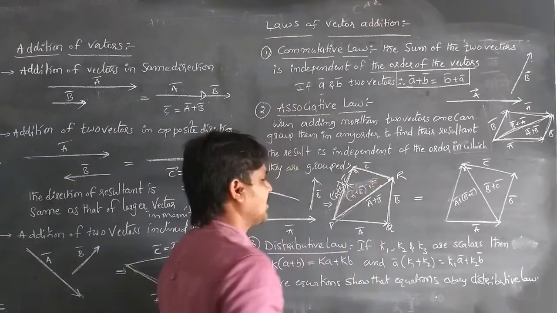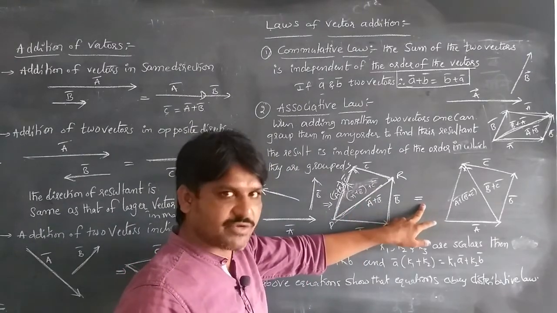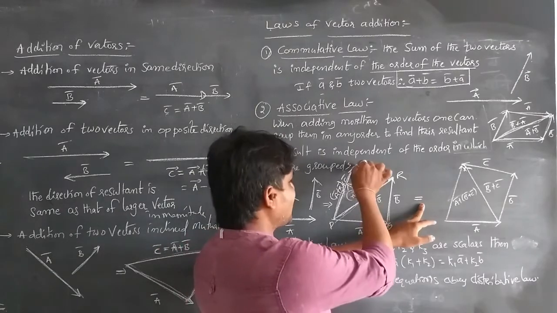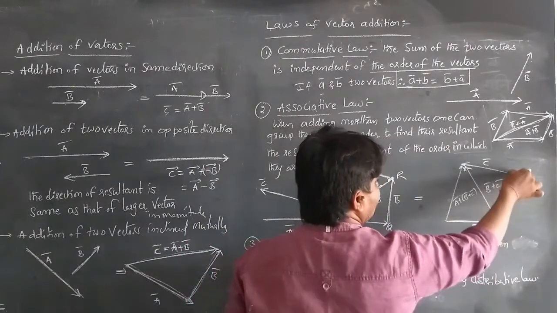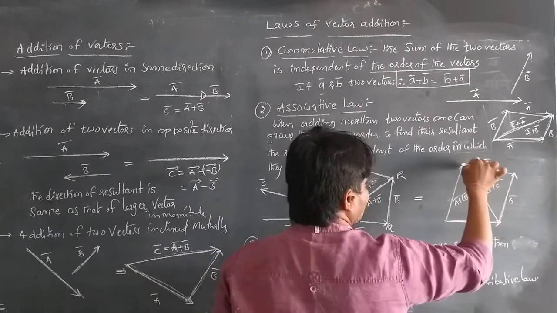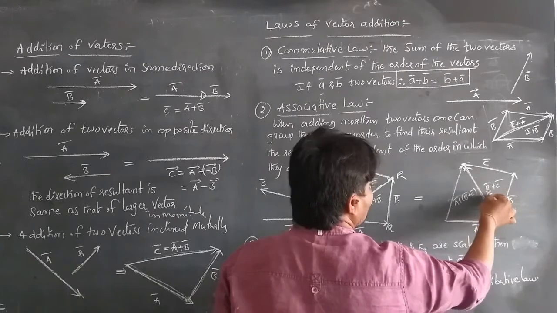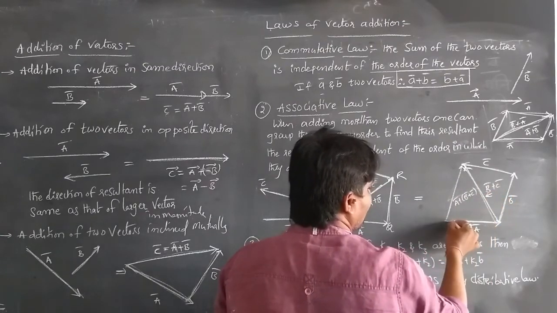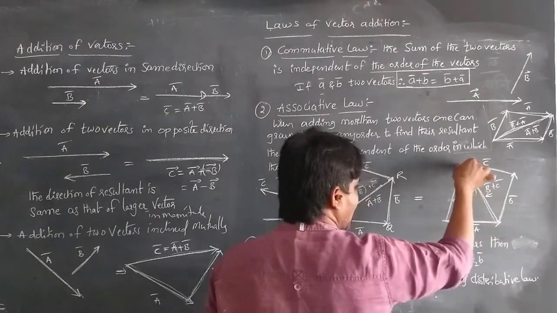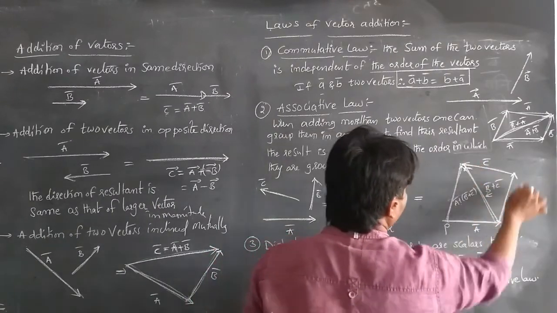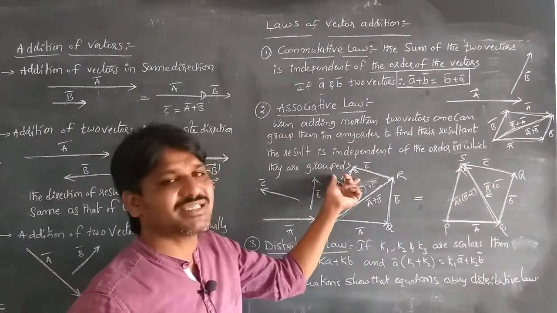Here this is the line, then the resultant line will be the same. And whenever A bar, B bar and C bar, this is the B bar plus C bar line. If we add it to A bar, then A bar plus B bar plus C bar gives the same resultant line, that is P, Q, R, S, the same line in the opposite direction, so we get the same resultant.